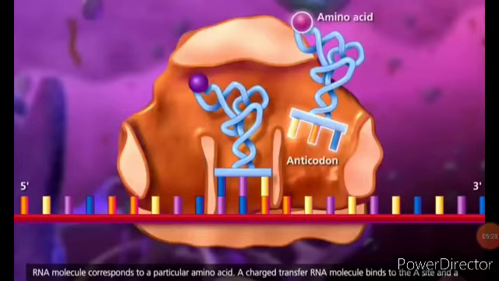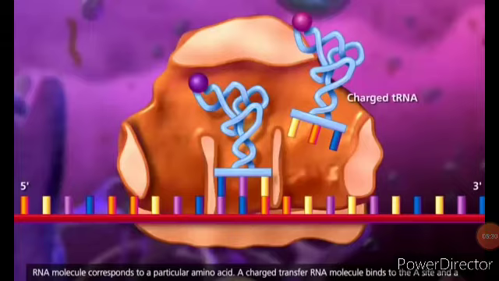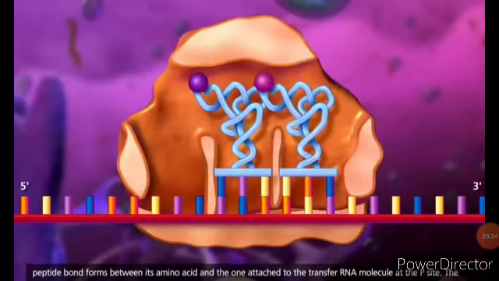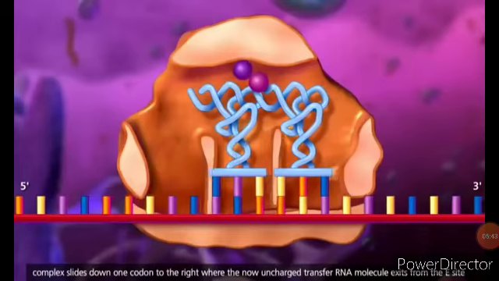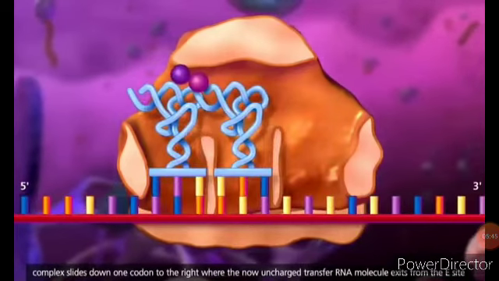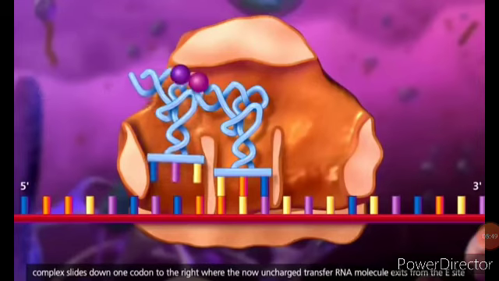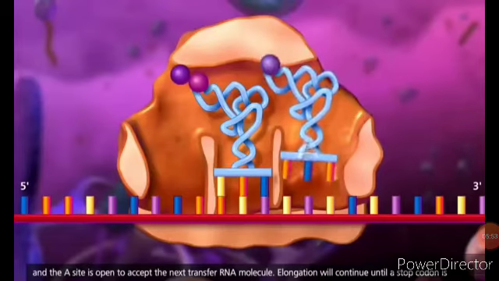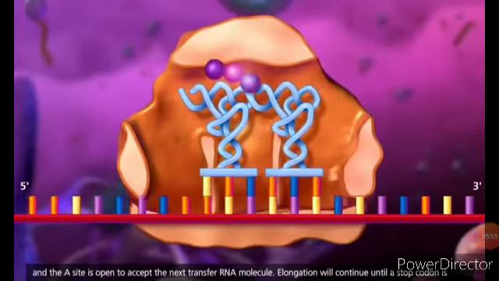A charged transfer RNA molecule binds to the A site and a peptide bond forms between its amino acid and the one attached to the transfer RNA at the P site. The complex slides down one codon to the right, where the now uncharged tRNA exits from the E site, and the A site is open to accept the next tRNA molecule.